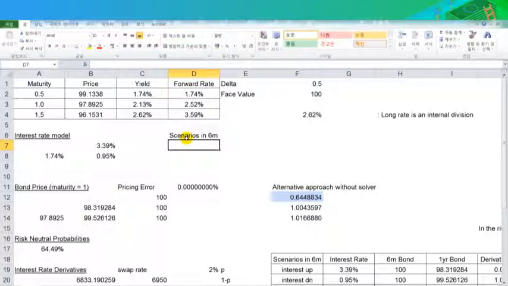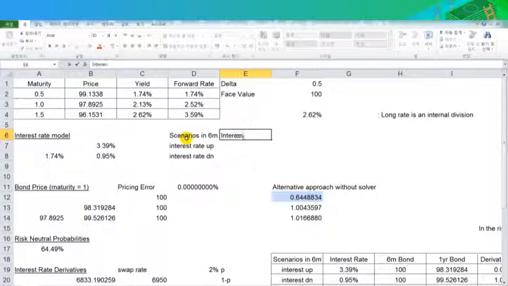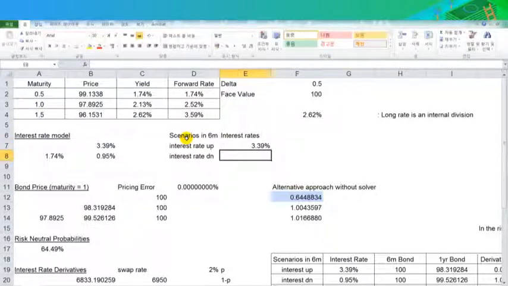We have two scenarios, interest rate up or interest rate down. And then the interest rate, when it goes up, is 3.39%, and when it goes down, it is 0.95%.